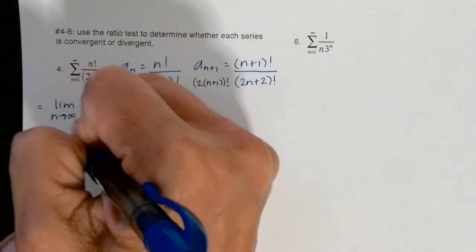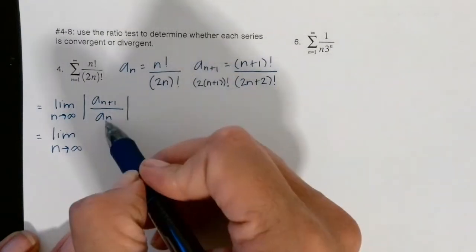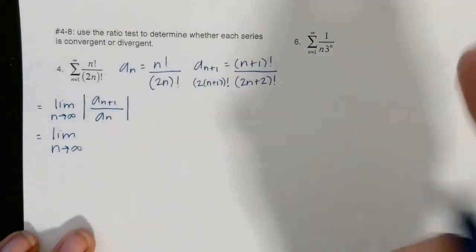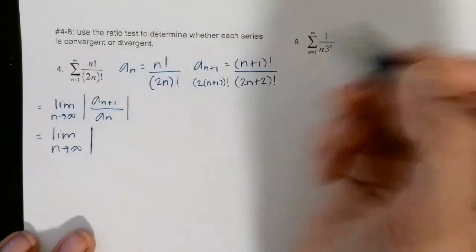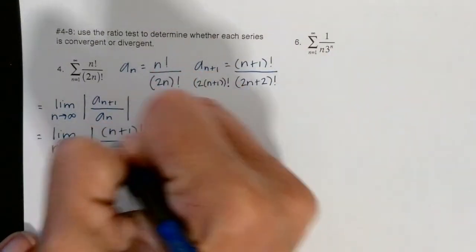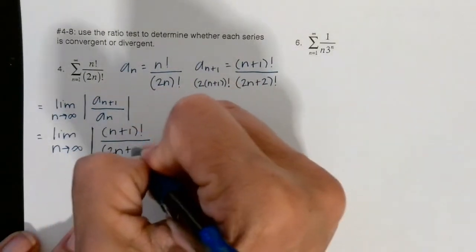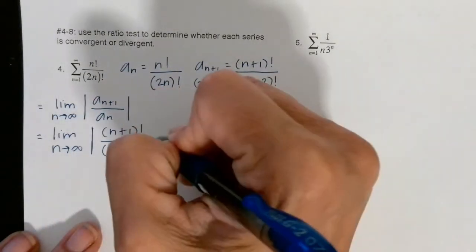Okay, so then the next thing we're going to do is fill this in. So this goes in here, and then a sub n always goes in the denominator, and then we copy dot flip. So I'm taking a shortcut here so that we don't have to show the step before copy dot flip.